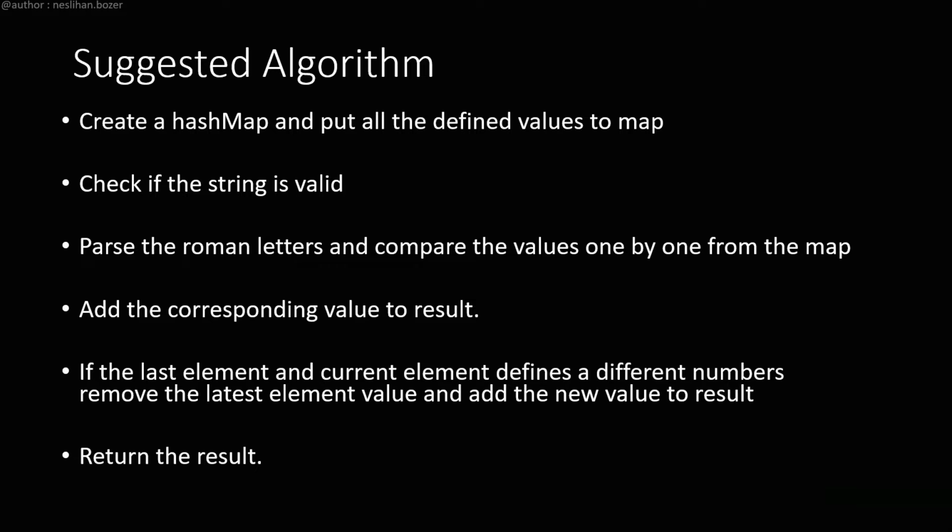After adding the last element, if the last element and the current element combination makes a different number, we need to remove the latest element value from the stack and from the return value, and add the new value to the result.